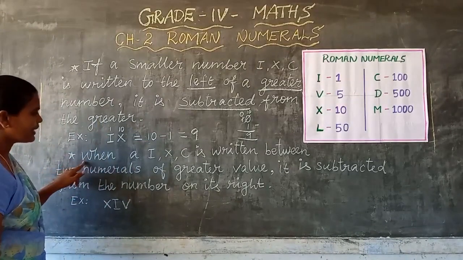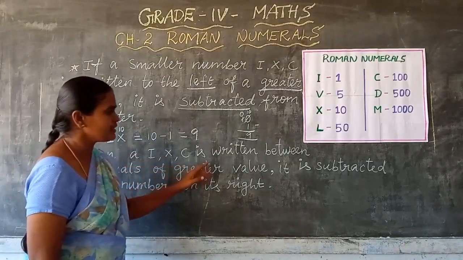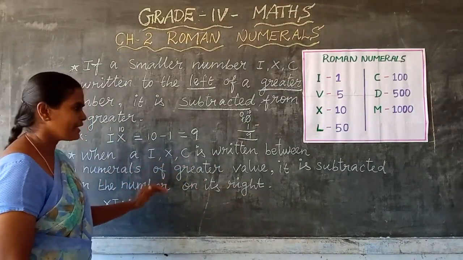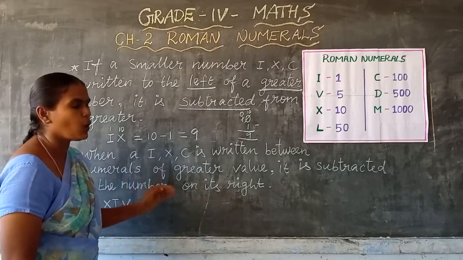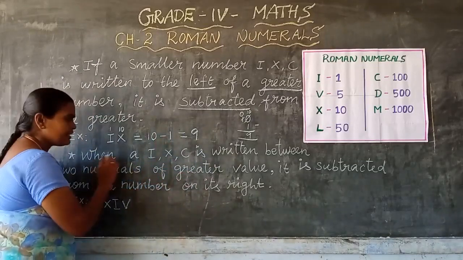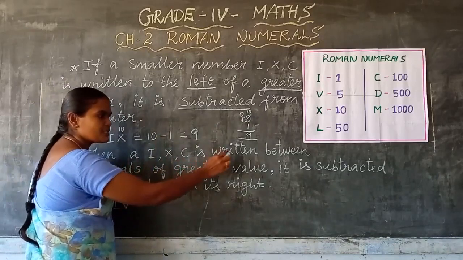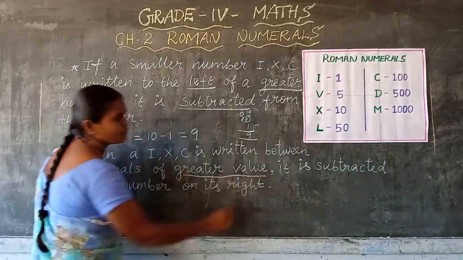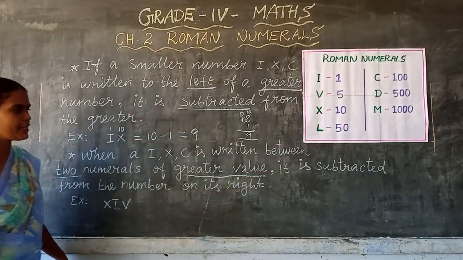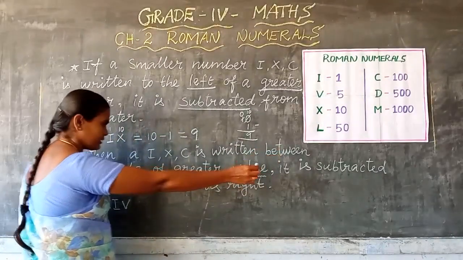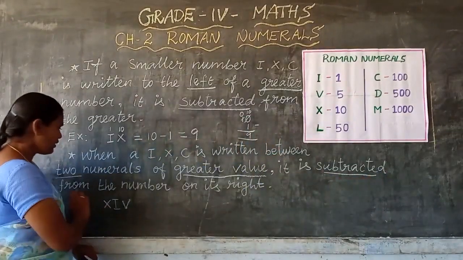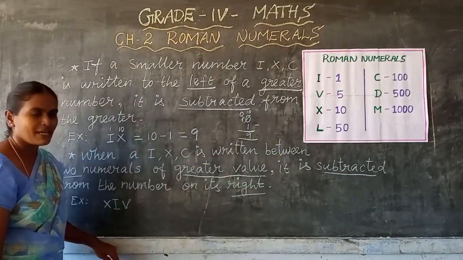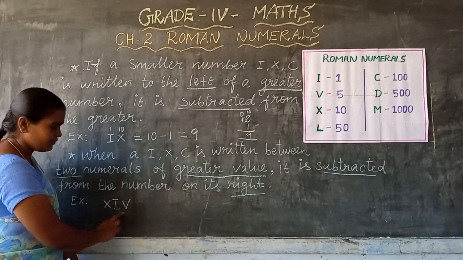Next rule: when a I, X, C is written between two numerals of greater value, it is subtracted from the number on its right. First you write the value of these Roman numbers.